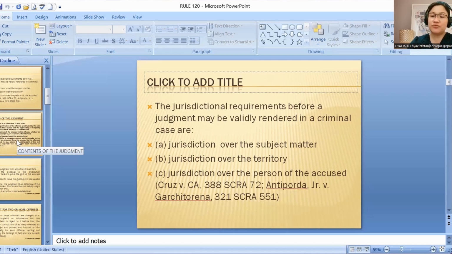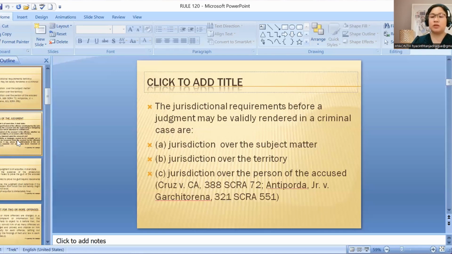Remember that each of these three has to be present so that we can say that the court validly exercised jurisdiction. The court must be able to obtain jurisdiction over the subject matter, basis the allegations in the information or the complaint, and as provided for under the law. Okay, it is conferred by law.